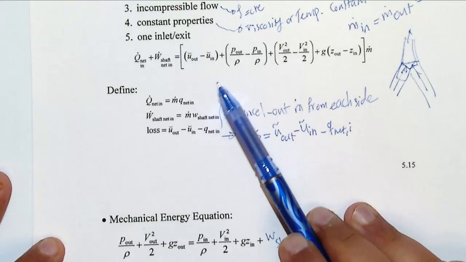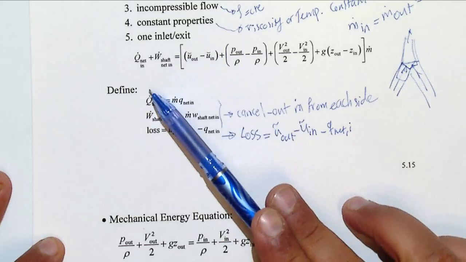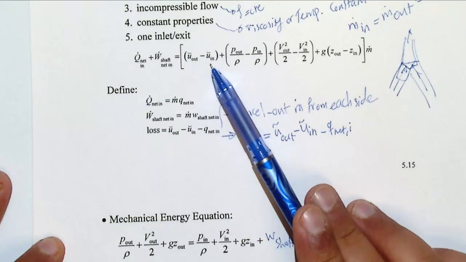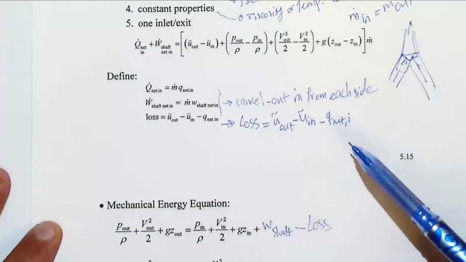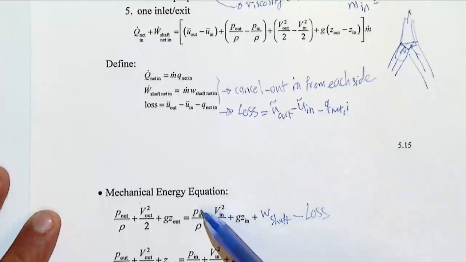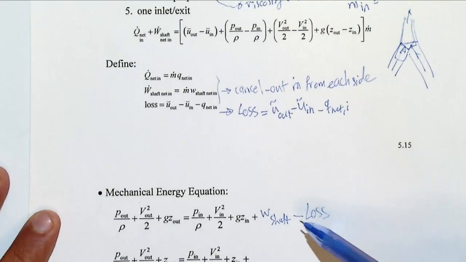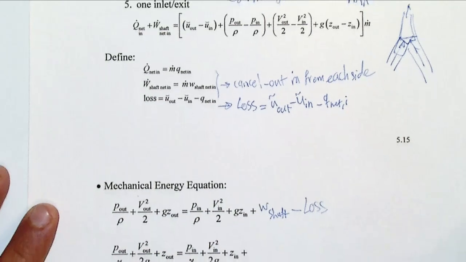U hat out minus U hat in, and Q net in, we sum up as the loss, and keep that on the positive side, with the input part. That's why loss has a negative sign, because we brought it to the other side. So loss, W shaft, we keep all here, and the output is equal to that.